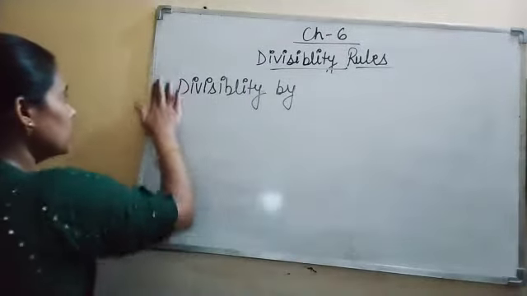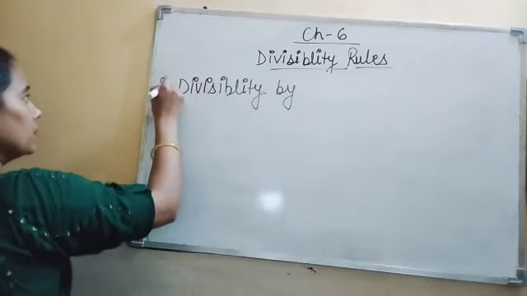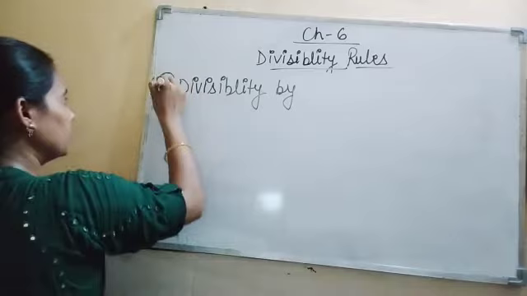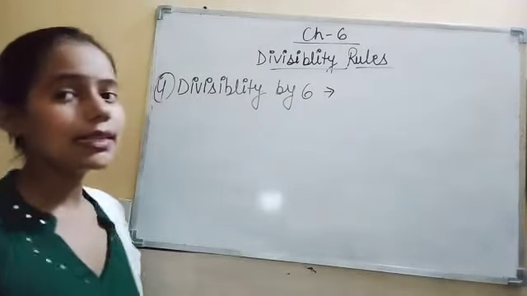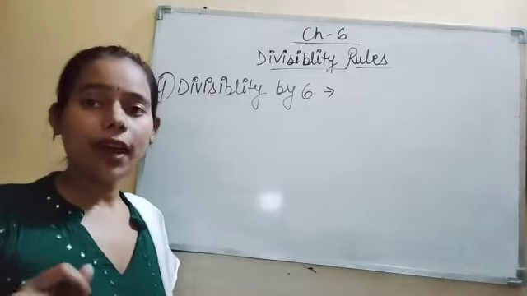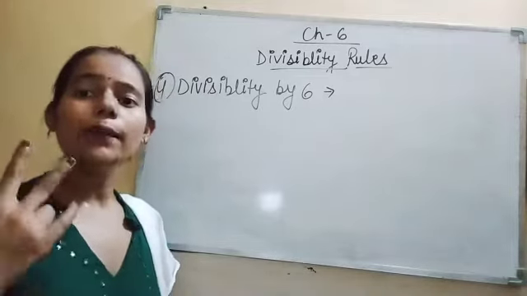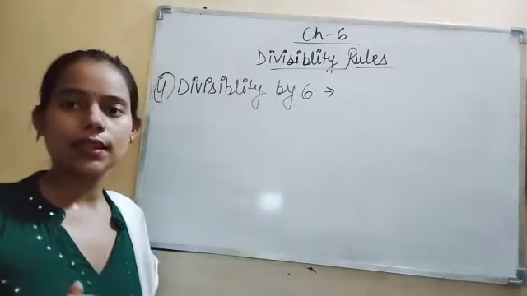So class, the divisibility of 6 tells us that if a particular given number is divided by 3 and 2 both, then it is divisible by 6.